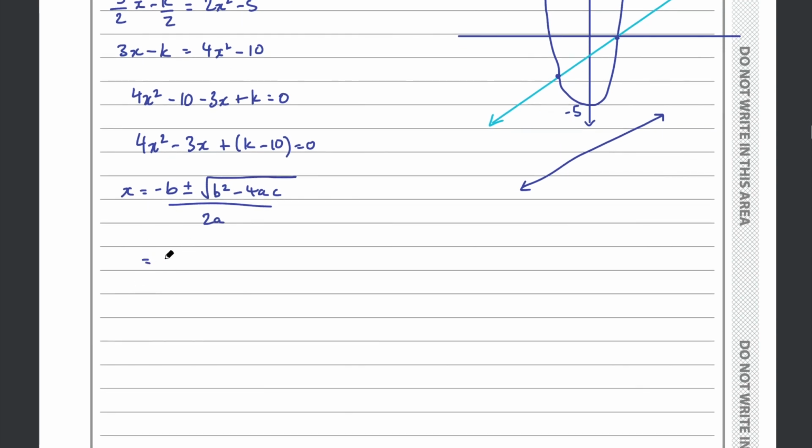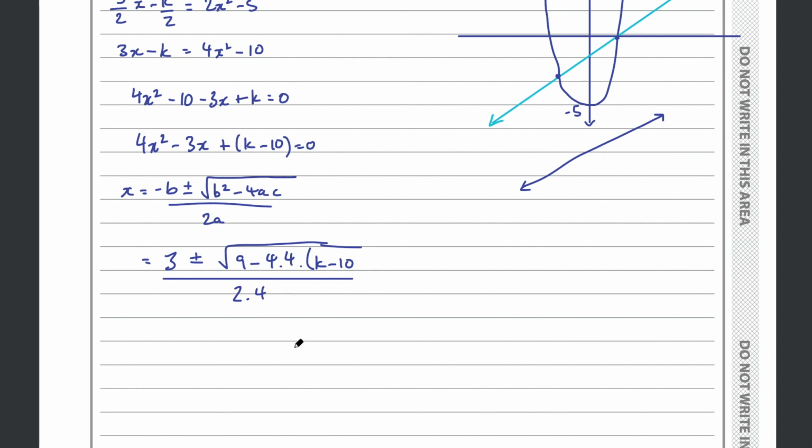So negative b is negative 3, so this is going to be 3 plus or minus the square root of b squared, which is 9, take 4 times a, which is 4, times c, which is k take 10. And this is over 2 times 4.